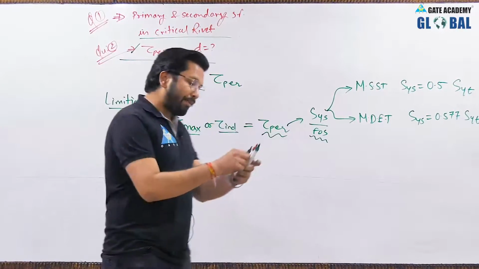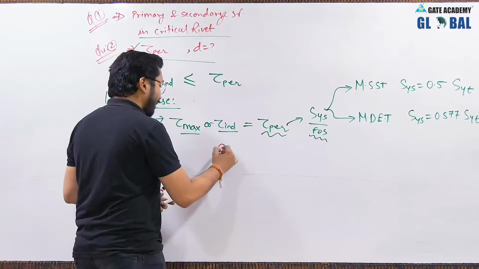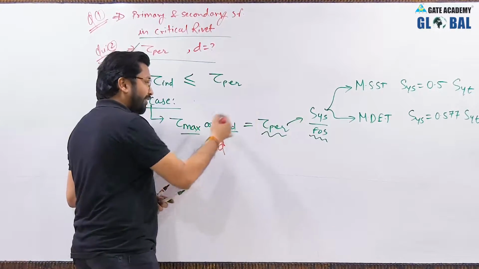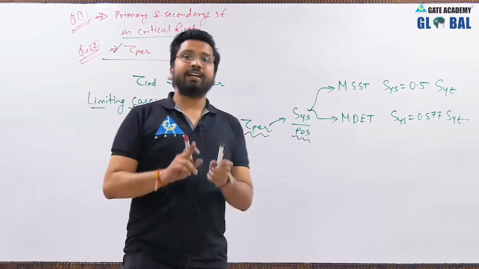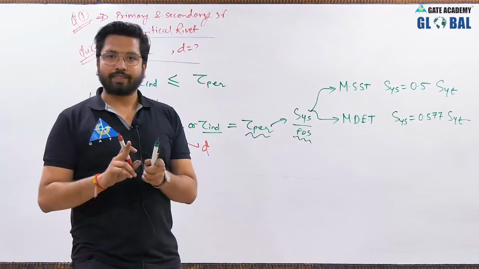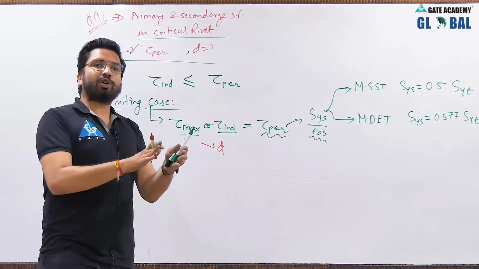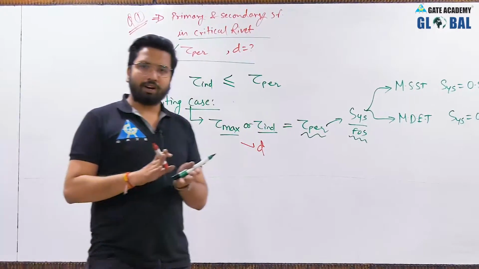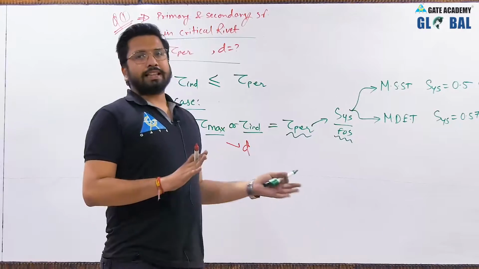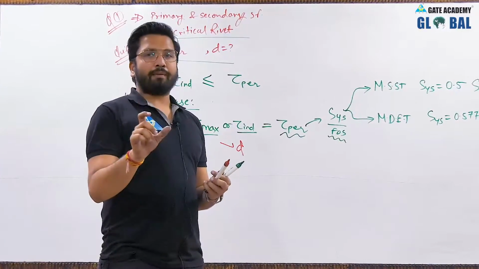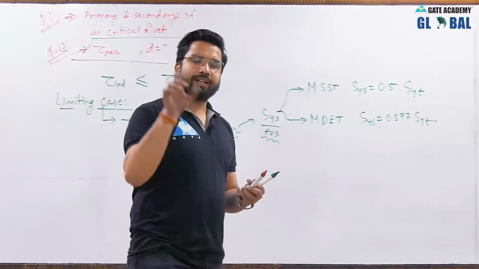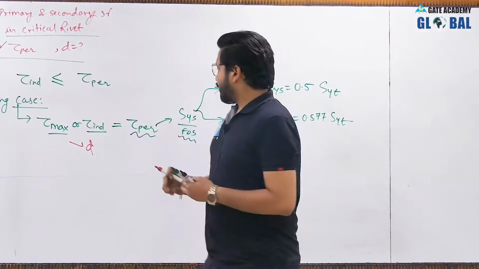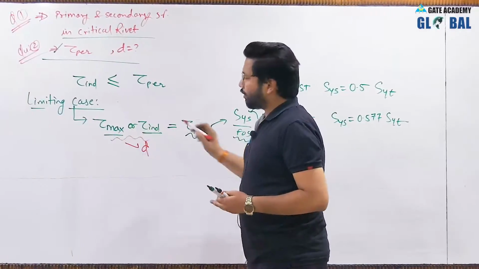If the diameter comes out to be, let us say, 20 mm after calculation, then the minimum diameter should be 20 mm. You can take a diameter higher than that, but in the GATE examination we will put the value obtained by solving this equation.